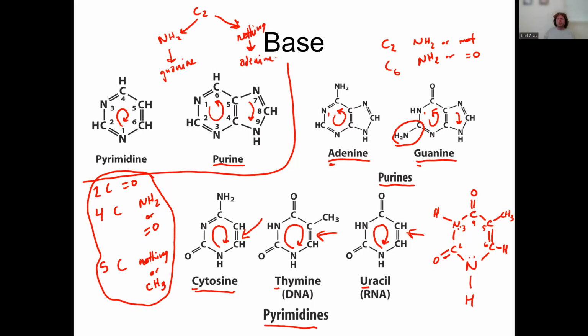Then you just have to remember, well, adenine has NH2 on C6. Guanine has at that same C6 a double bonded oxygen. Okay, so this is all about the bases.